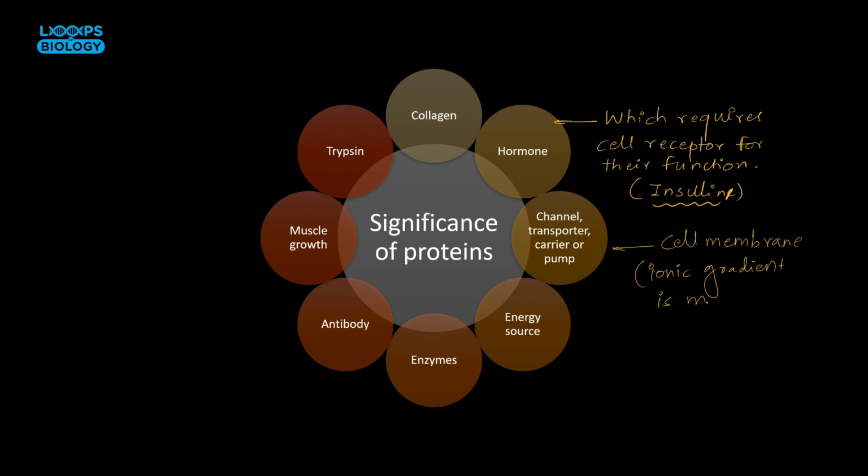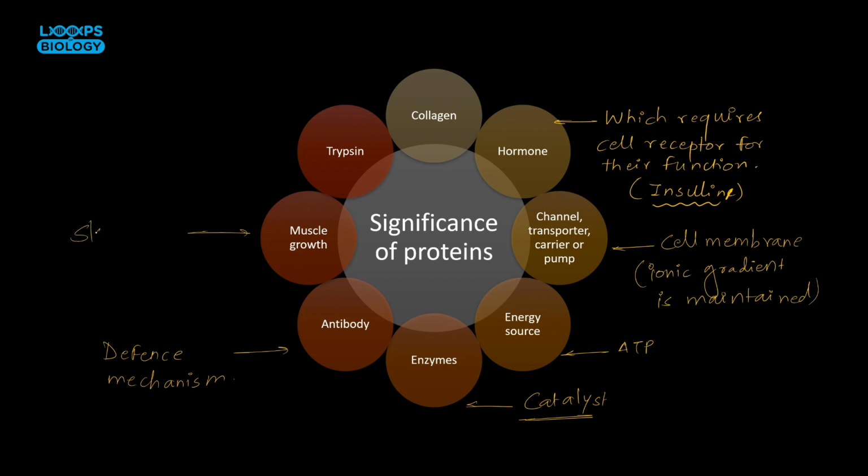These components are all present inside your cell membrane to maintain the ionic gradient. Then proteins are also used as an energy source, that means they provide ATP. As enzymes, they act as catalysts to speed up reactions. Then they are used as antibodies, which are used in the defense mechanism of the body. Then muscle growth, that means skeletal muscle development.